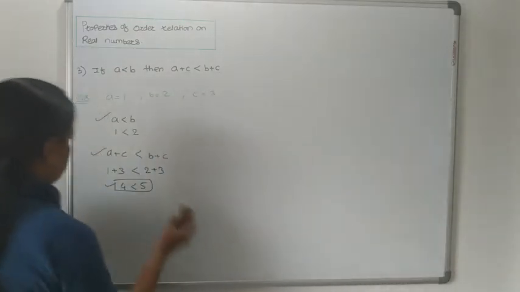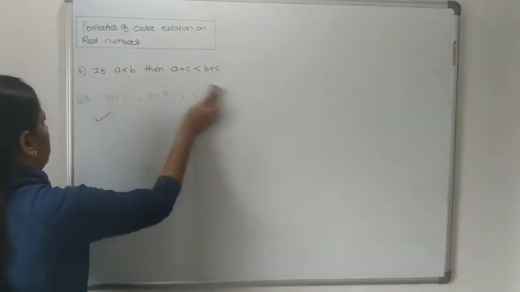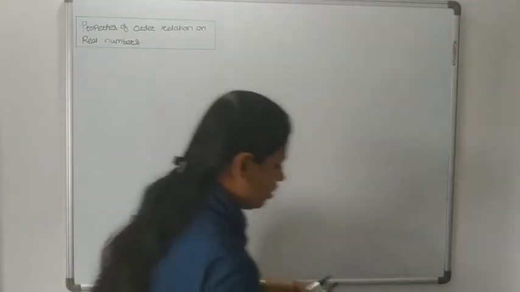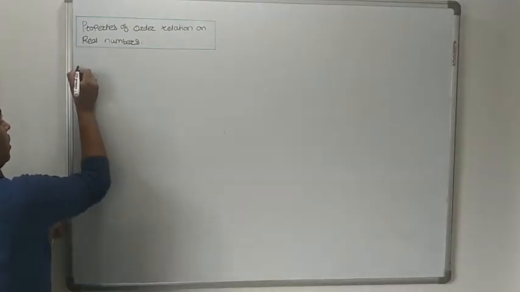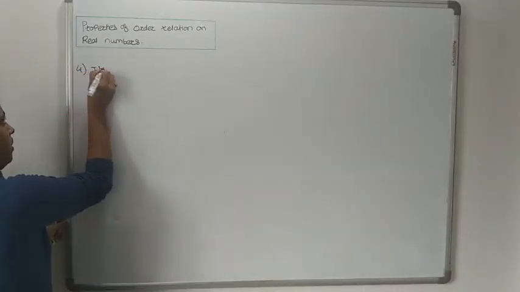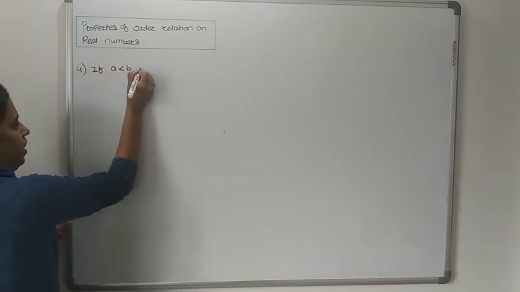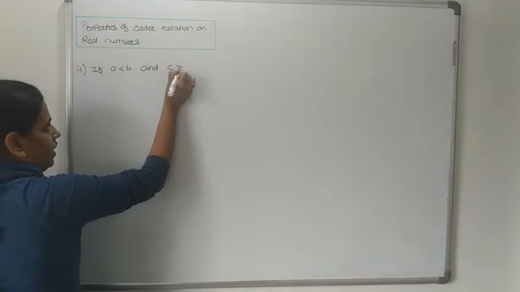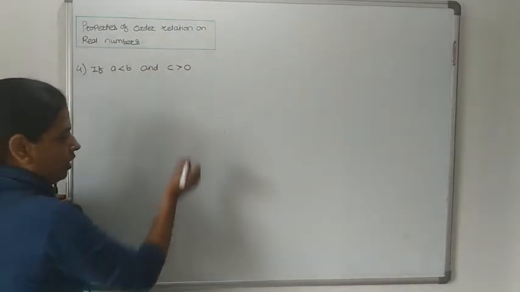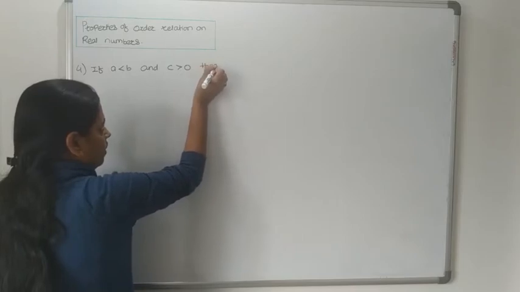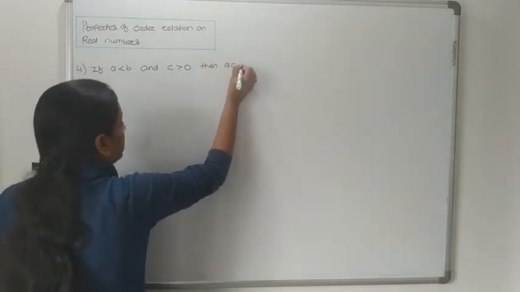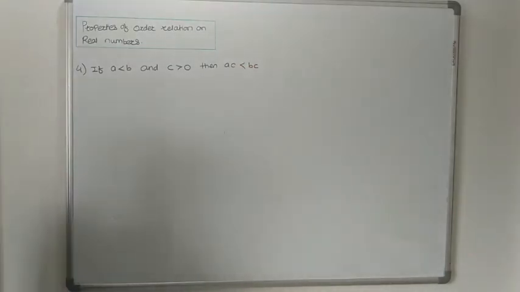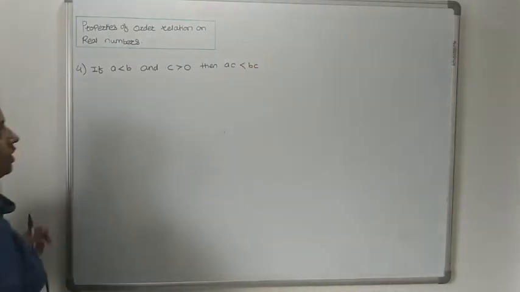The last property, property number 4: if A is less than B and C is greater than 0, then AC is less than BC. Okay? AC is less than BC.